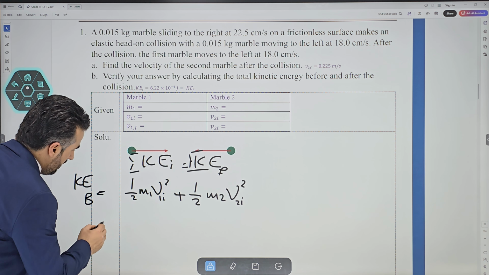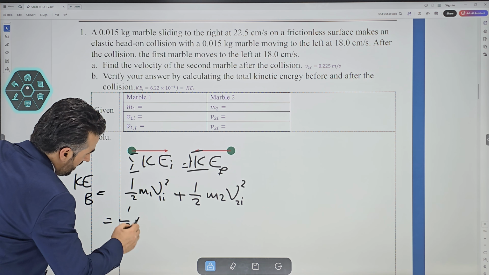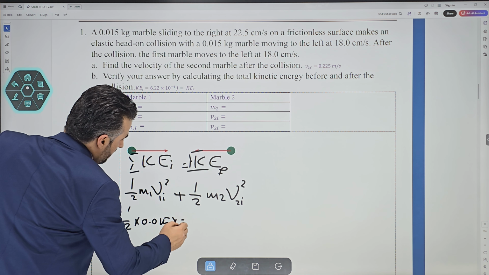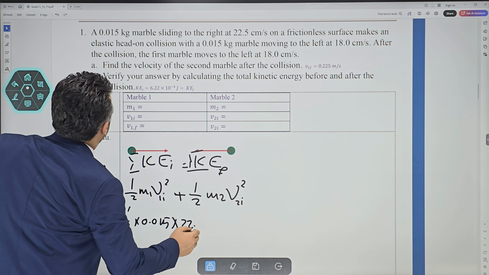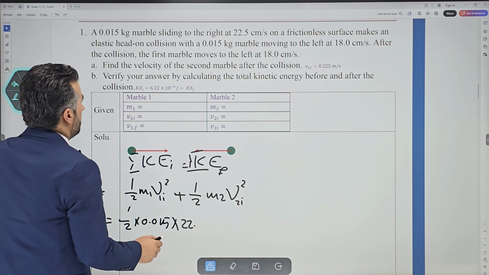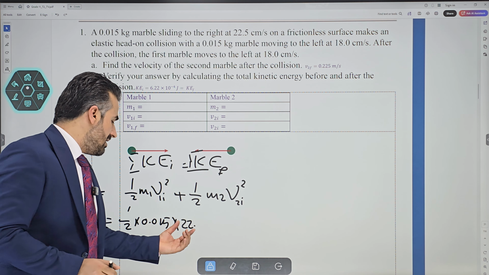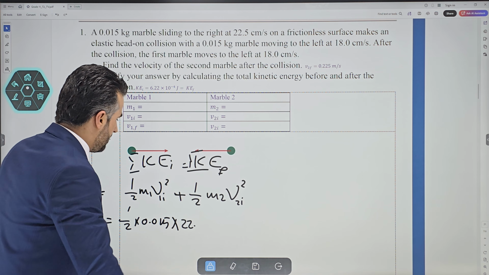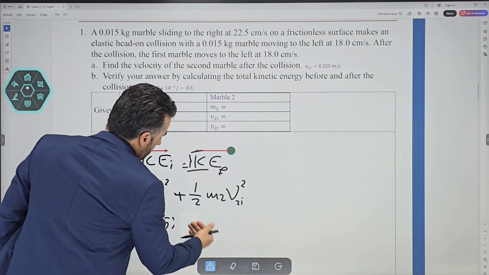So let's just double check this. 1/2 times the mass, 0.015, times the velocity, 22.5. By the way, because we're squaring this and it is kinetic energy, it is best to convert this to meter per second.